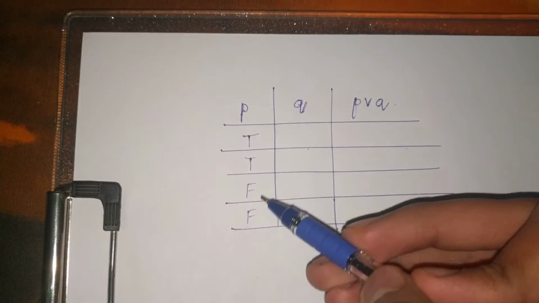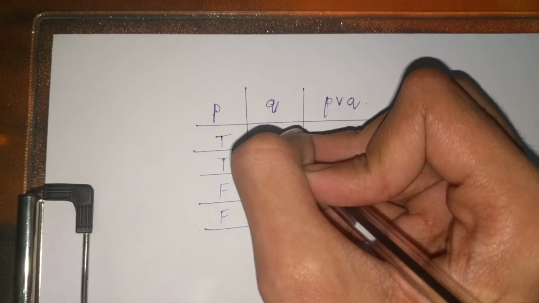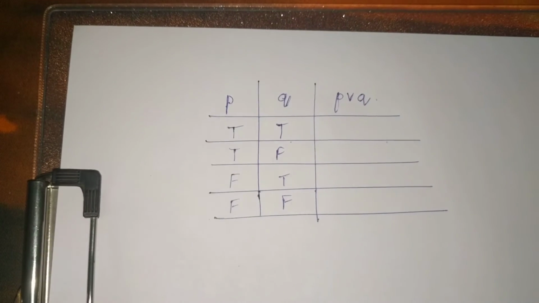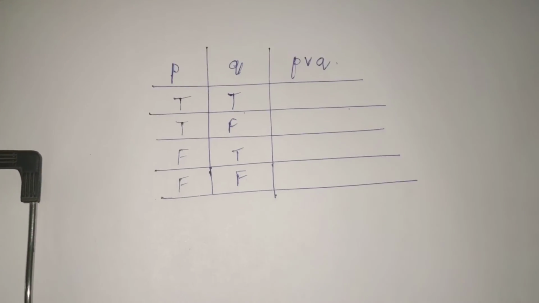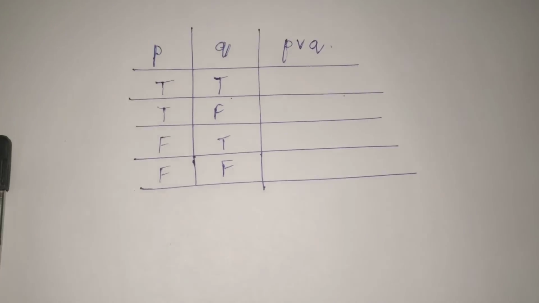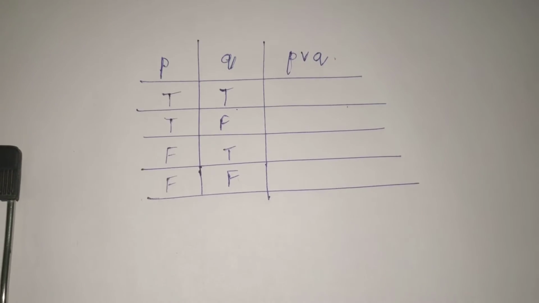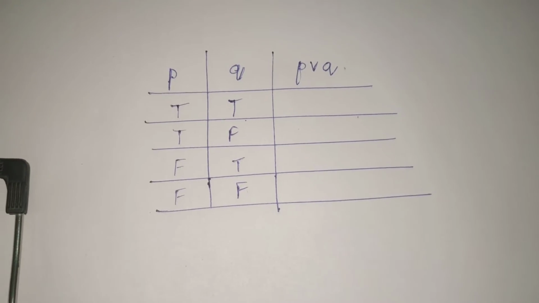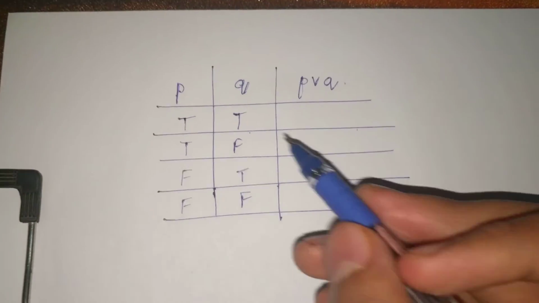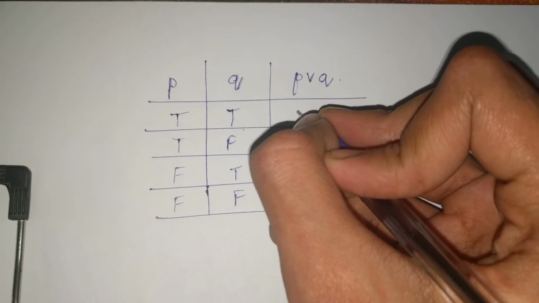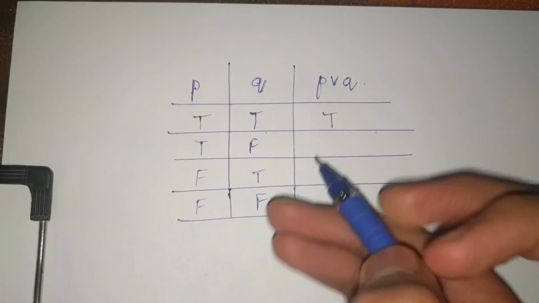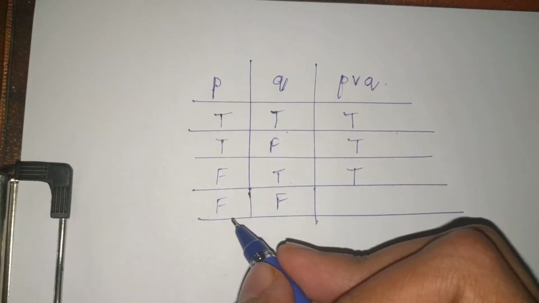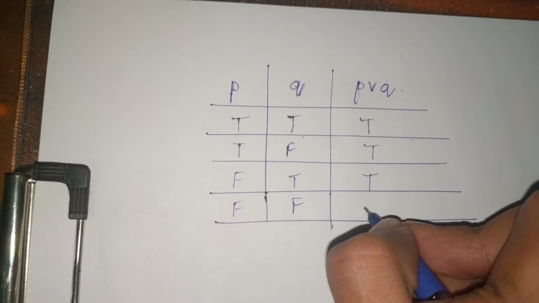Under Q, you write alternately T, F, T, F. Now when the connective is or, even if one of the statements is true, your P or Q will be true. Even if one is true, this will be true. Since over here none is true, this will be false.